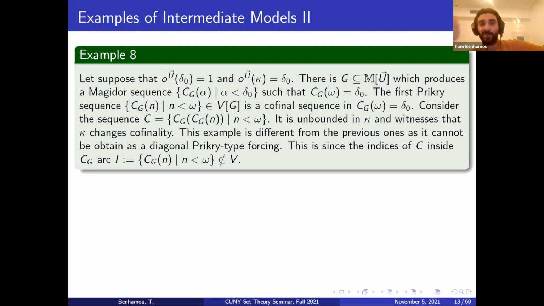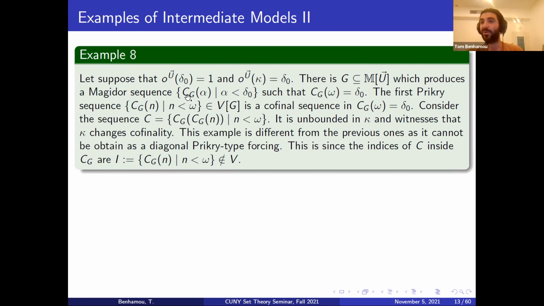Since the order of kappa is delta 0, the order type of the Megiddo club would be omega to the delta 0, and since delta 0 is measurable, it's simply delta 0, right? Because ordinal power omega to the delta 0 is delta 0. And the omega-th element of this sequence would be delta 0 itself. I can do it because the order of delta 0 is 1.